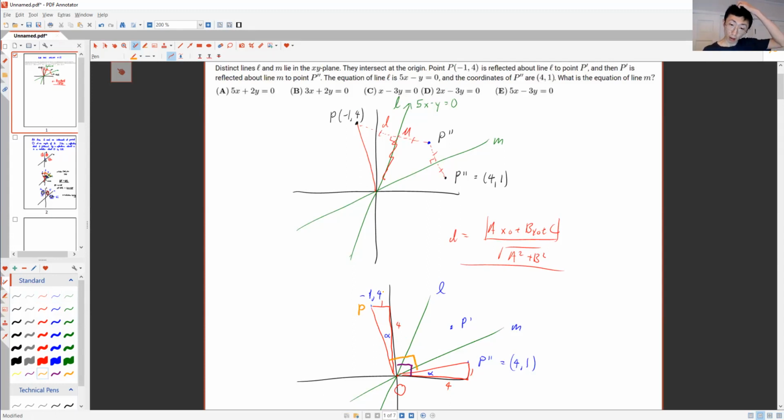So after two reflections, we rotated by 90 degrees. Then by the theorem, the angle between the two lines of reflection should be half of 90 degrees, so this is 45 degrees.